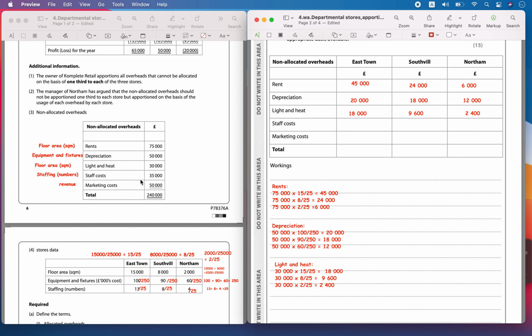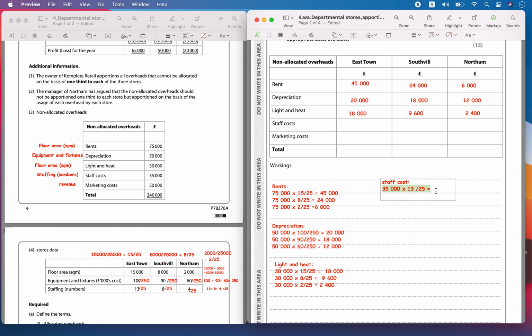Then you have staff cost. Staff cost is based on the number of employees. So let's calculate that. The total is 35,000 times 13 over 25, number of employees. Let's write the ratios and then you can input in the calculator.